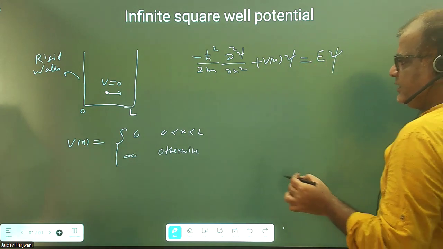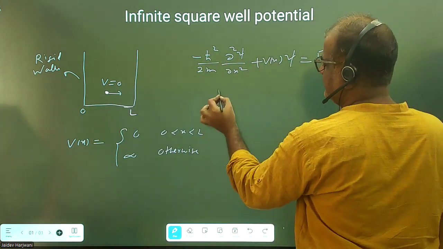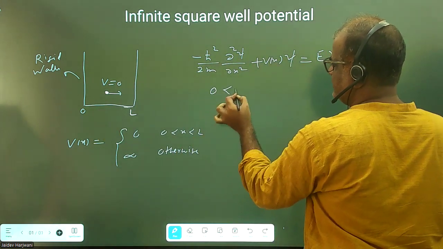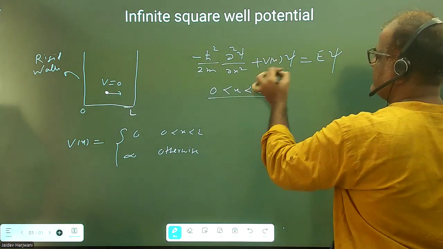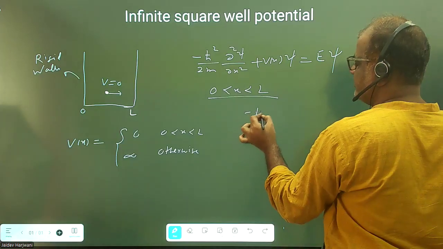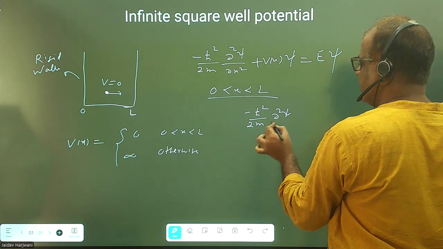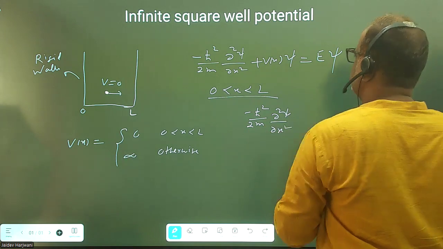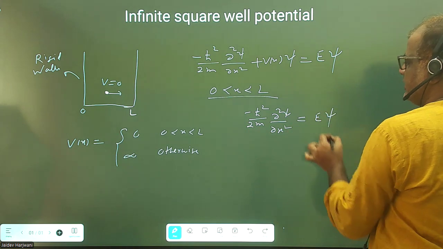Now inside the box, between 0 and L, the potential energy is 0. So this equation becomes minus h cut squared over 2m, del 2 psi upon del x squared equal to E psi.